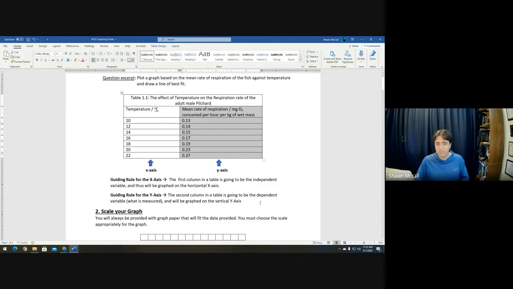That's what's measured. And you'll graph that on the y-axis. Okay, so x-axis and y-axis. Now, understand that you need to know what the x-axis and y-axis is, because if for some reason you're given a table that's not set up this way, doesn't generally happen, but every once in a while there's some weirdness, you need to be able to catch that. Okay, what is the independent variable? It goes with the x-axis. What is the dependent variable? It goes with the y-axis. That kind of thing.